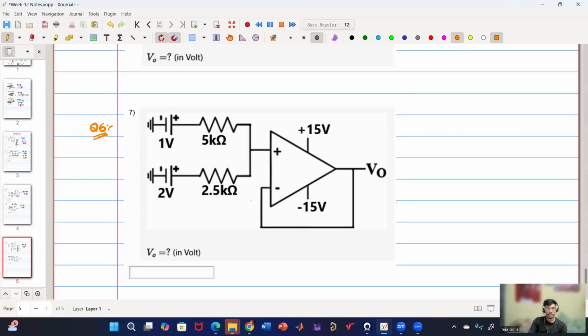How to solve this problem? Zero volt, sir. Okay. How is it 0? V naught resistance is 0, sir. There's no resistance for V naught. Okay. But how can you say that if there is no resistance, voltage is 0?